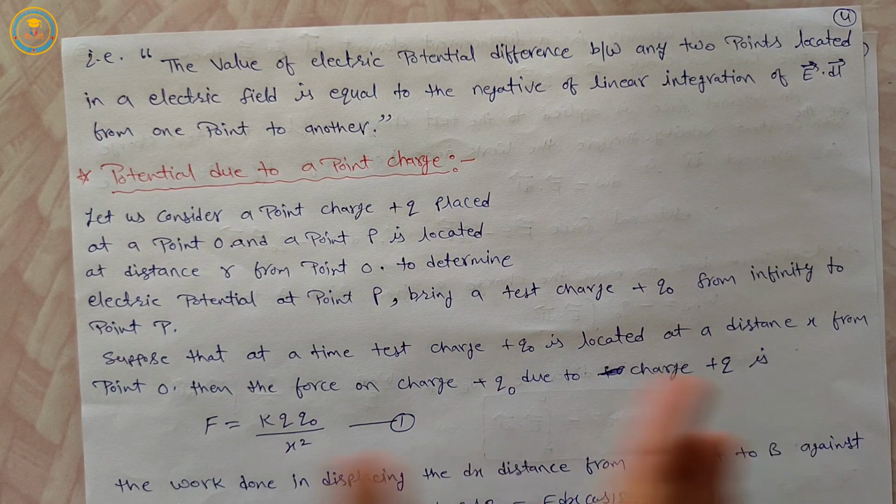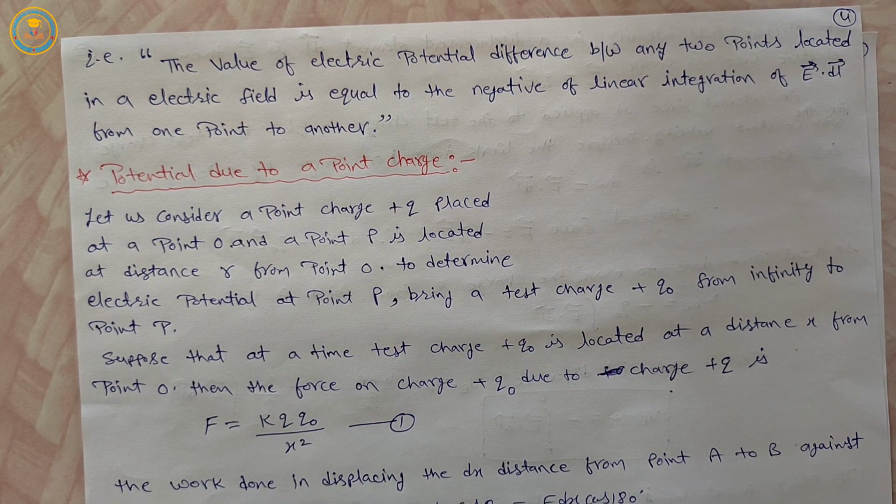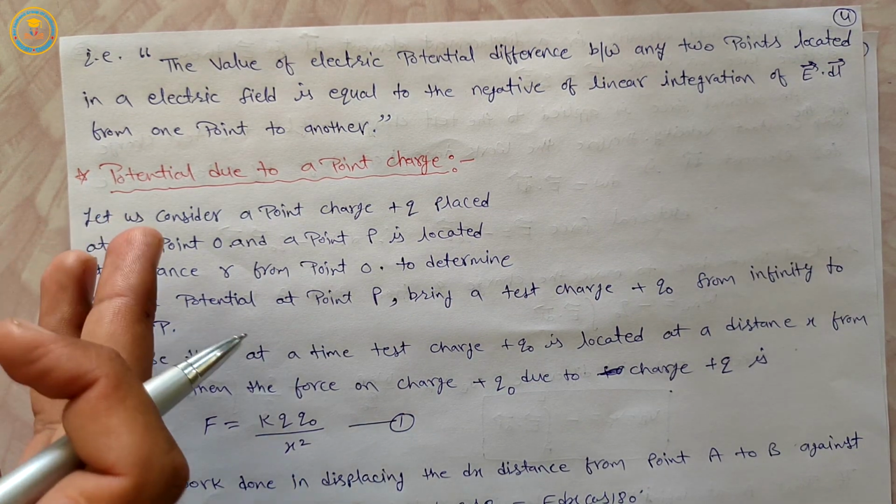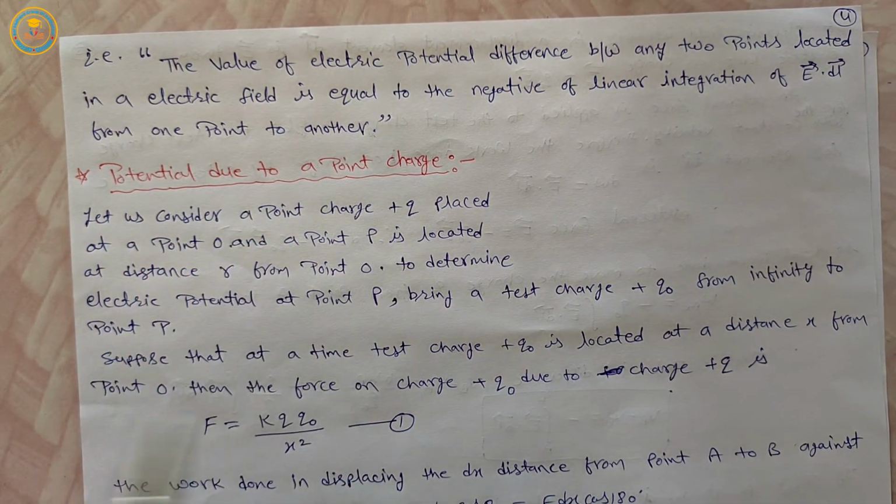Now our very important topic, potential due to a point charge. In the first chapter we discussed the electric field due to a point charge. Similarly, today we study potential; we determine the potential due to a point charge.